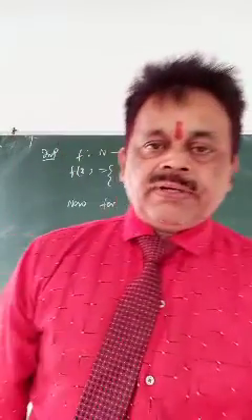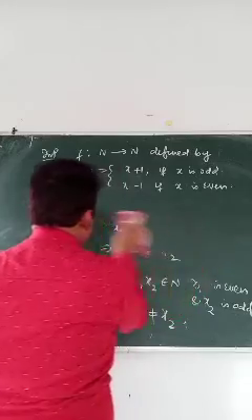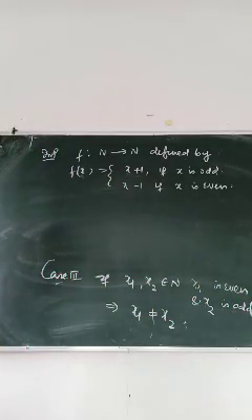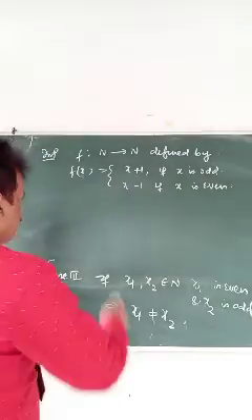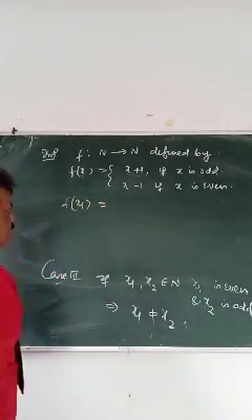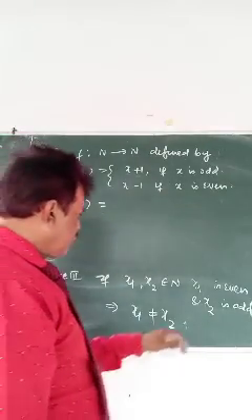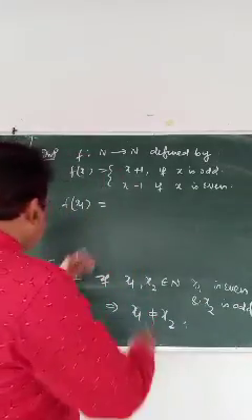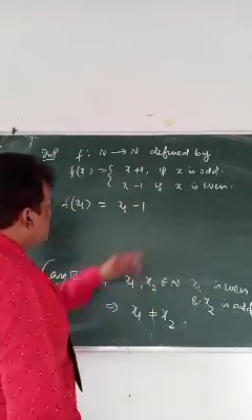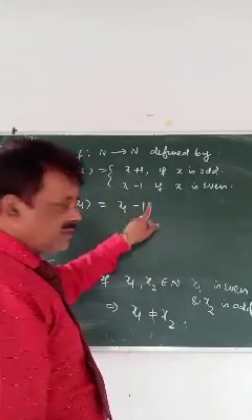Let's check f(x1) and f(x2). What is your f(x1)? If x1 is even, f(x1) will be x1 minus 1. Look at this, one is even, so it is x minus 1, this is x1 minus 1.